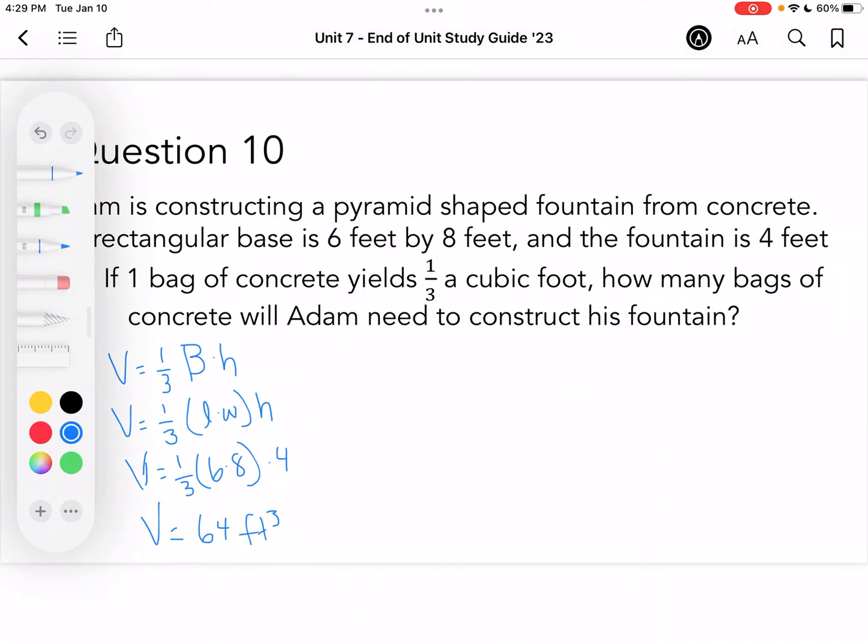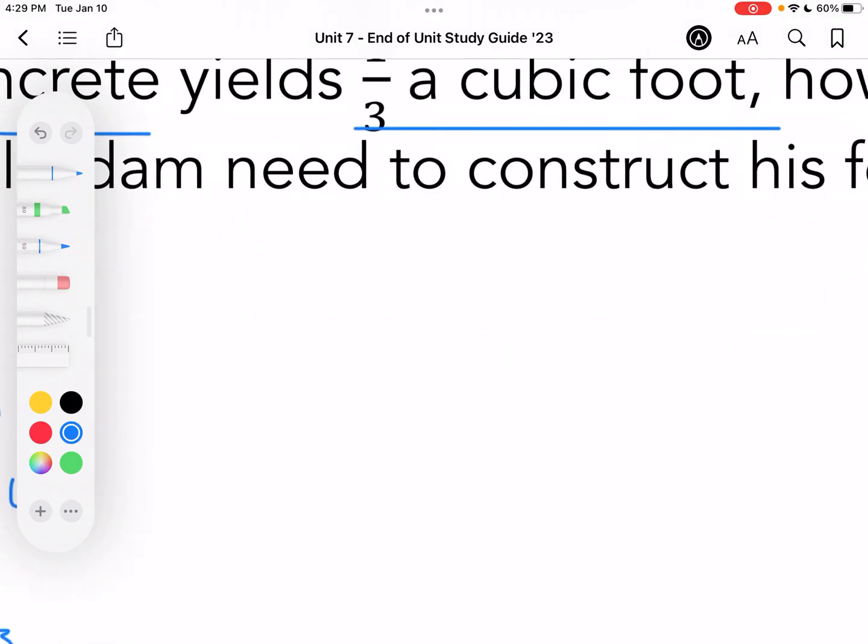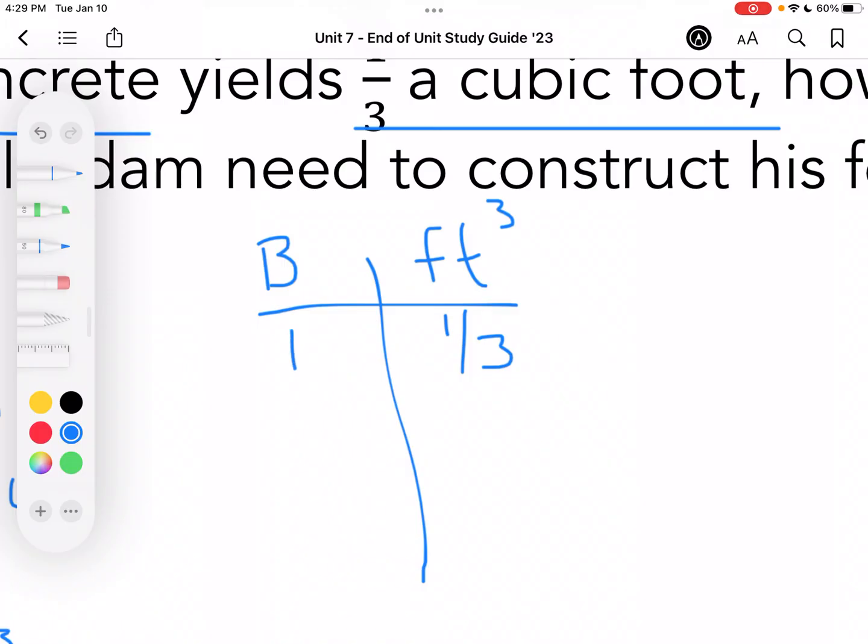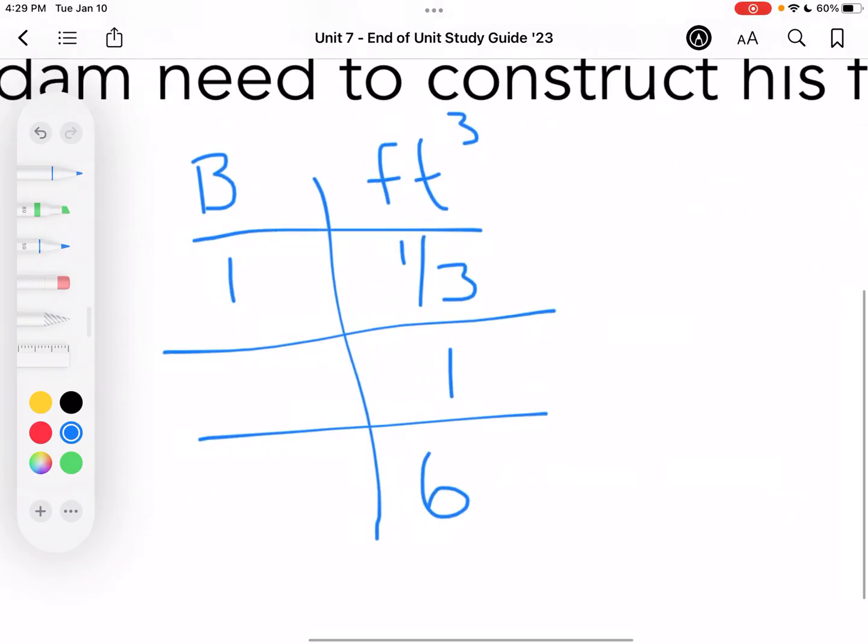Then it says 1 bag of concrete yields 1/3 of a cubic foot. How many bags will he need? Well, I know that with bags and feet cubed, I have 1/3 is 1 bag, and I want to get to 64.